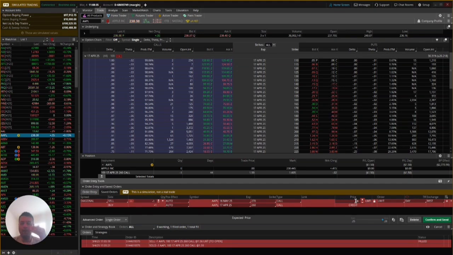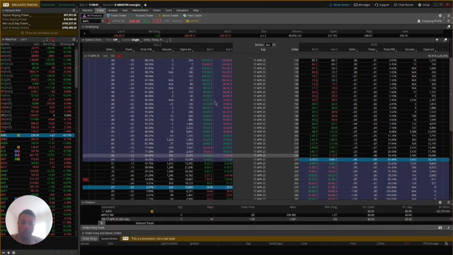If you roll for a debit, meaning you are out of pocket again, you will shrink your break even points, meaning the stock now has less room to move for you to make money. If you expand your break evens, the stock has more room to move, and you will still make money. It would be within your range. But if you shrink your break-even points, then it has less room to move for you to make money. Anyway, more on that later, but this is how you roll.